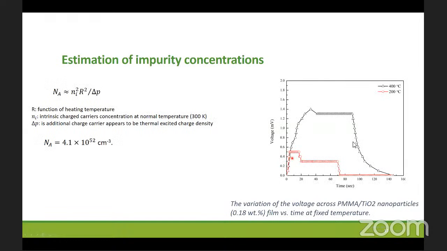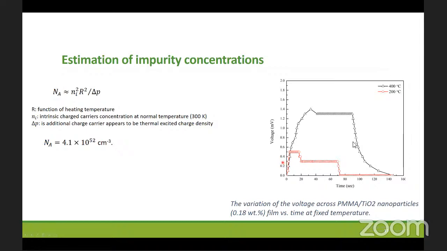Secondly, in this experiment, we have estimated the impurity concentration, done for 0.80 weight percent of anatase nanoparticles in the PMMA at a temperature of 200 Celsius. As in this figure, the time between the initial and the steady state was 20 seconds, and we get a maximum voltage of 0.3 millivolt.